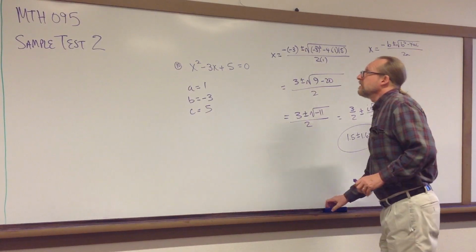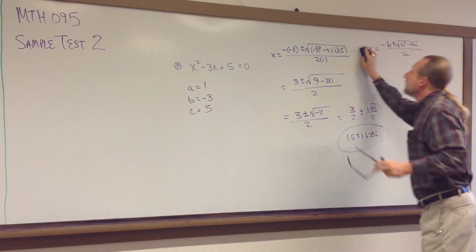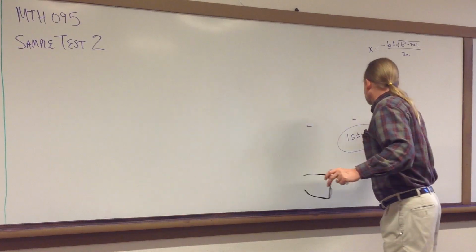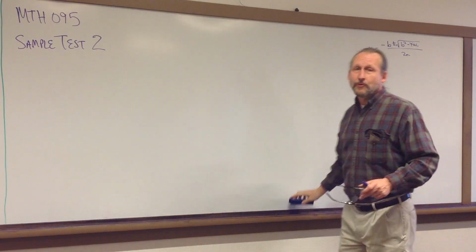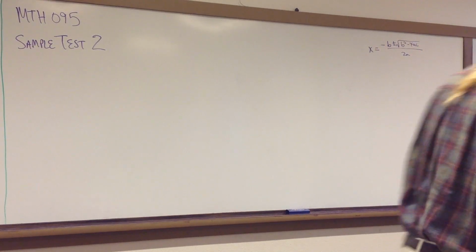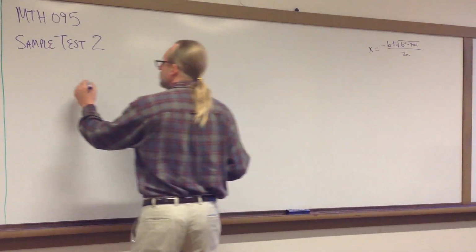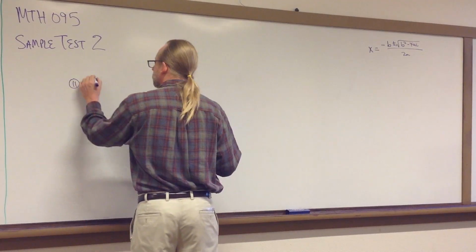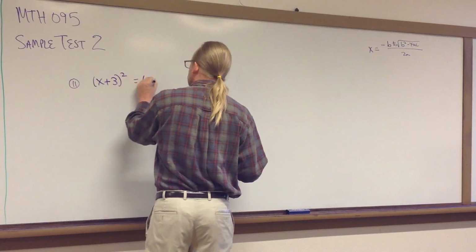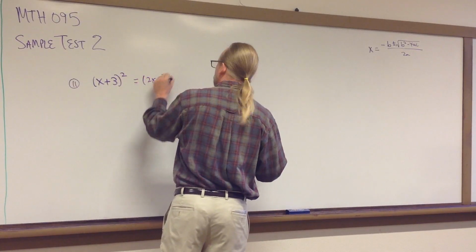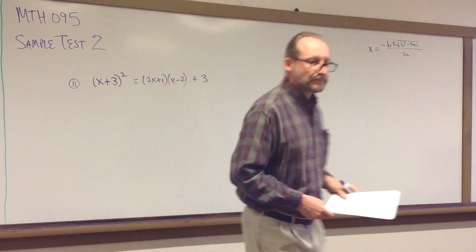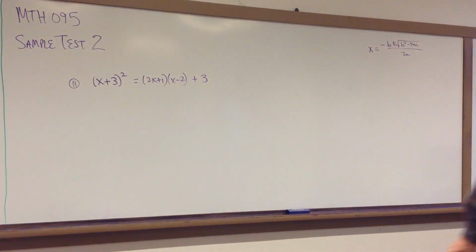Now, problem 11 is a little bit trickier. There's a fair amount of work to do before that problem is in standard form. So let's take a look at it. x plus 3 squared equals 2x plus 1 times x minus 2 plus 3.